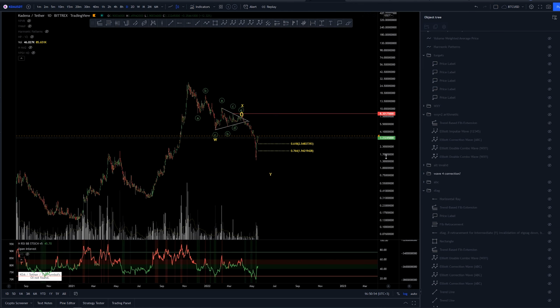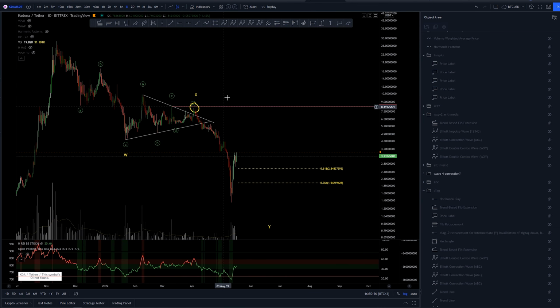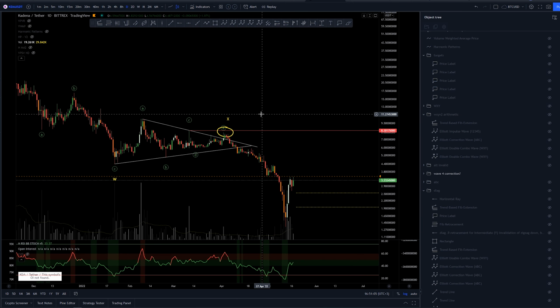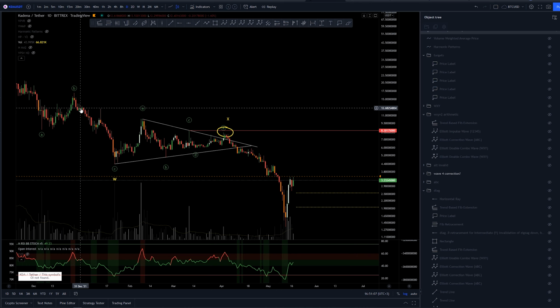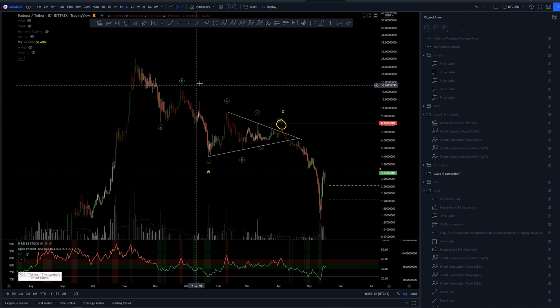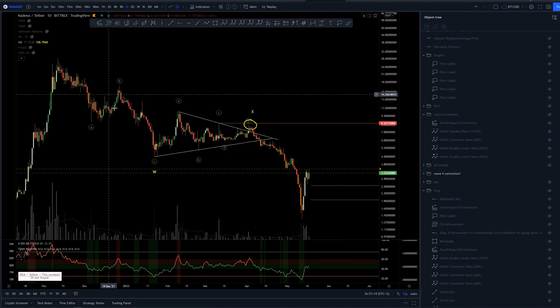Now, we presented this possibility previously in the previous video, again ABC, could be a WXY as well, just because this looks three-wave-ish. I guess we could say that this would be 1-2, but these are overlapping here, so I would like this more as a WXY.